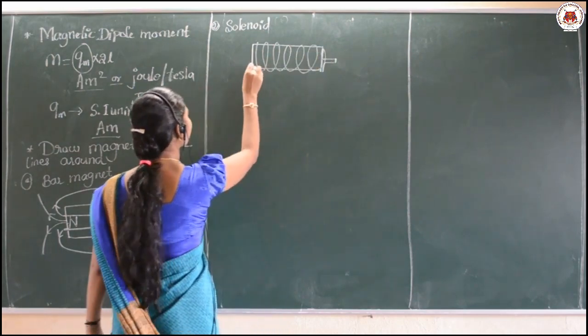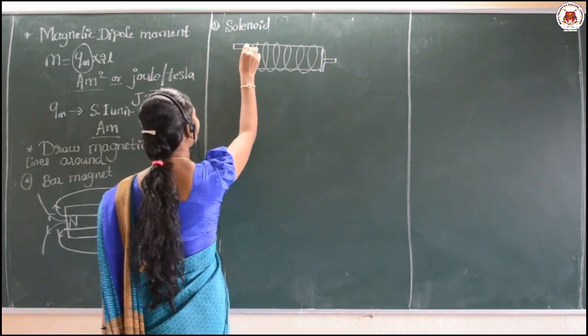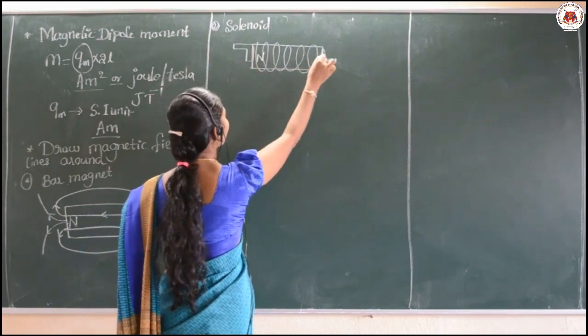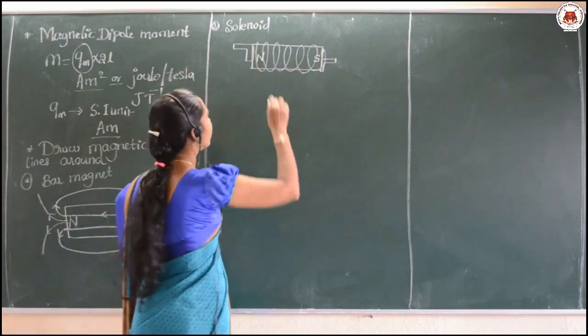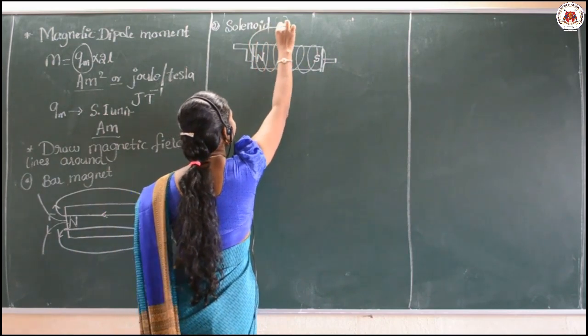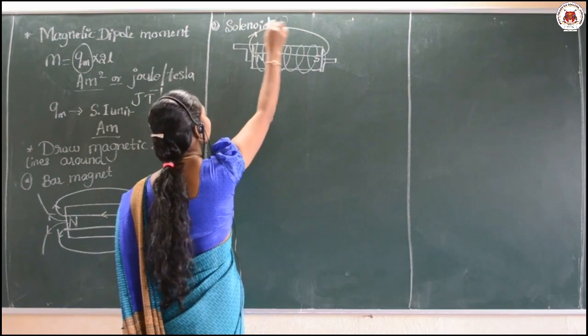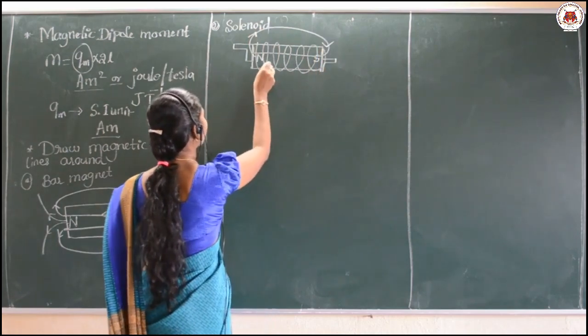Okay. If I take this as the north pole and this as the south pole, the same thing here also, the magnetic field lines you can represent in this direction.